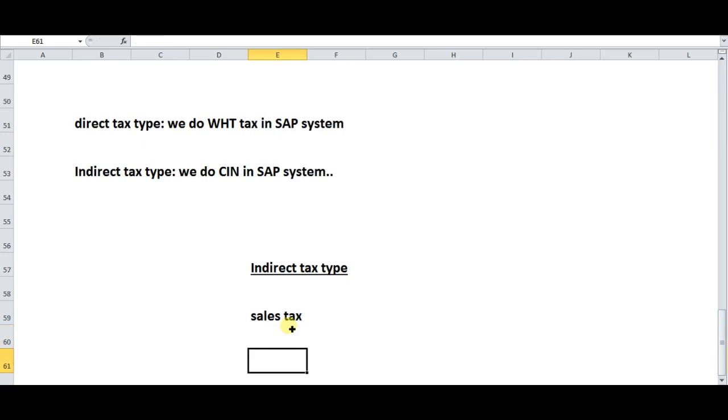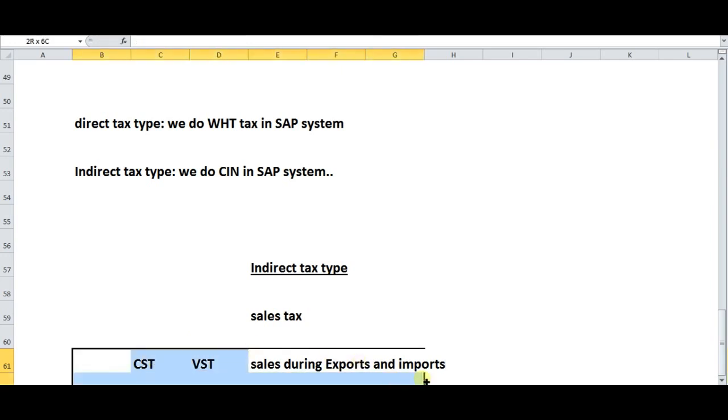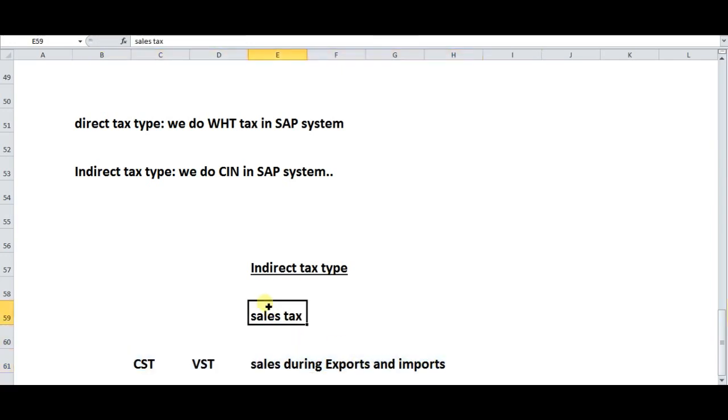Sales tax is broadly categorized into three categories. First one, CST. Second one, VST. And third one, sales during exports and imports. These are the categories under sales tax.